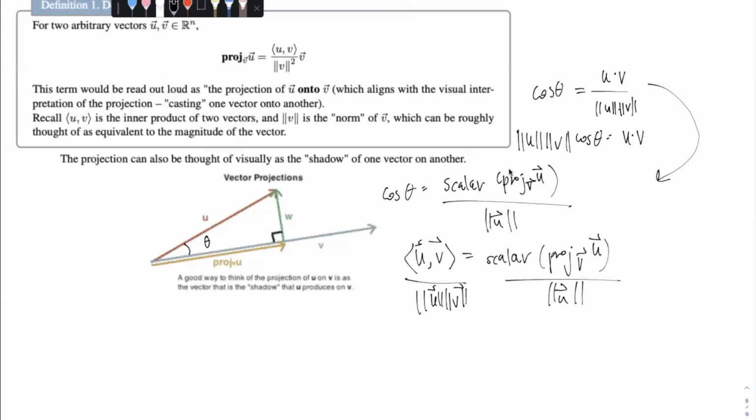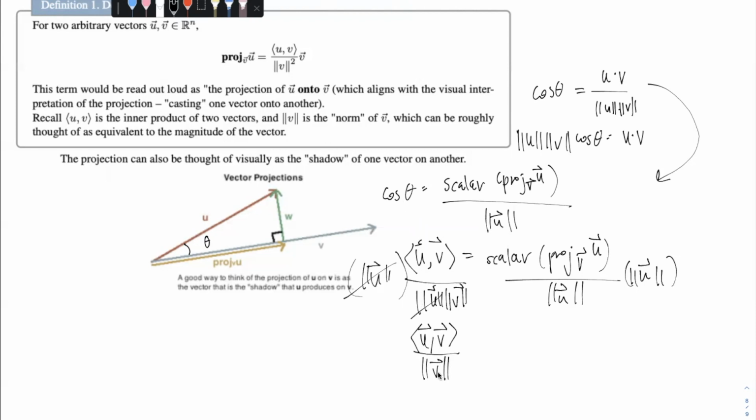We can also multiply each side by the norm of the vector U, and cancel this out so that we have the dot product of the U vector and the V vector over the norm of the V vector.